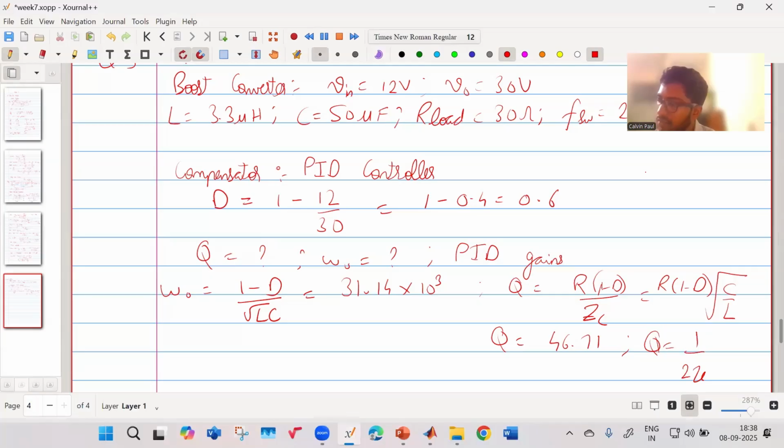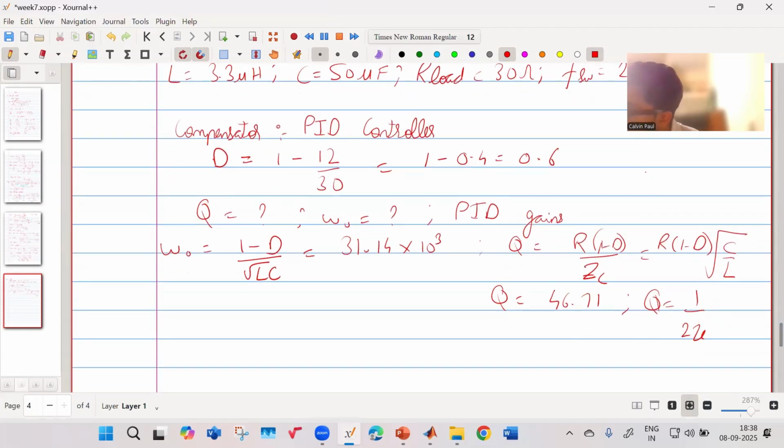So what would be your zeta in this case? It is 1 by 2 into 46, so it is less than 1. So it is an underdamped case.